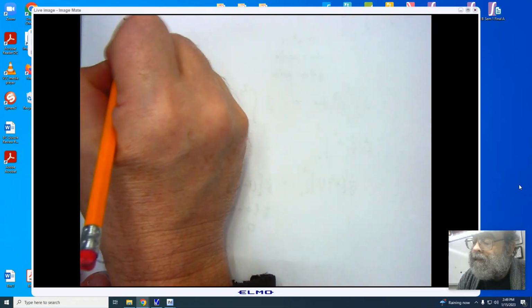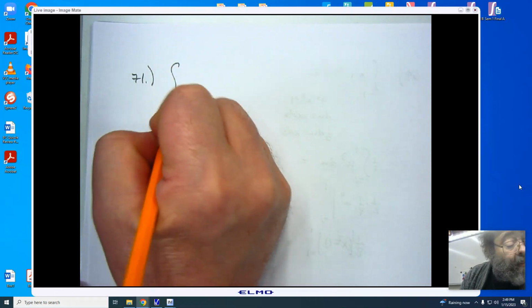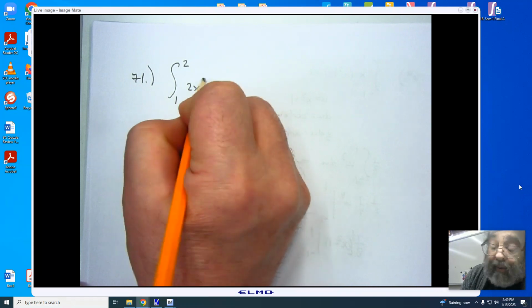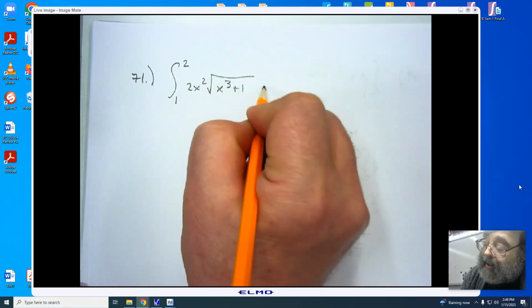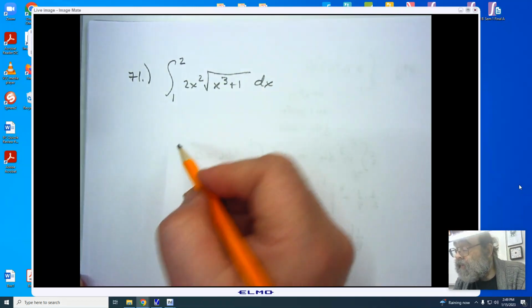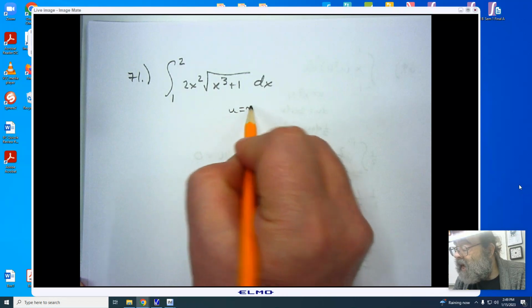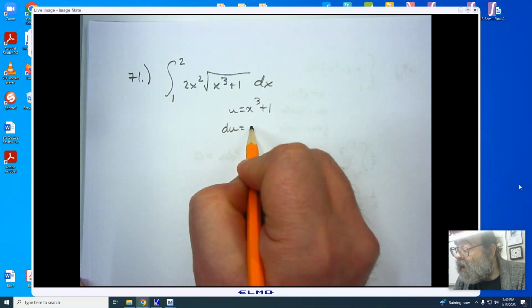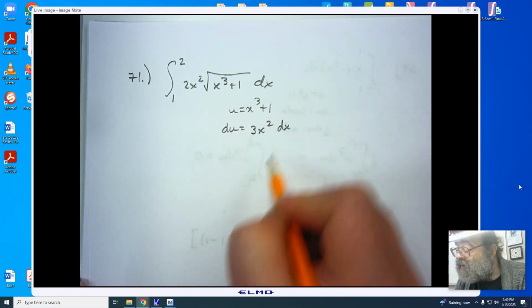71. Here we go. 71 gives me the integration from 1 to 2 of 2x squared square root x cubed plus 1 dx. So I can clearly see my u substitution. u is x cubed plus 1. Du is the 3x squared dx.